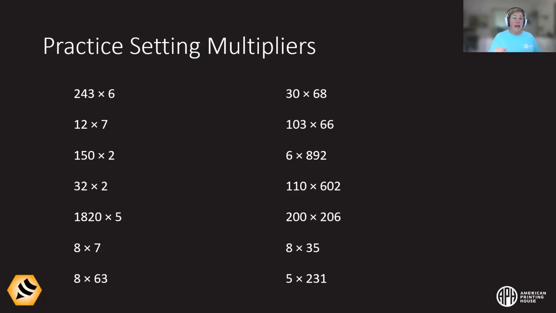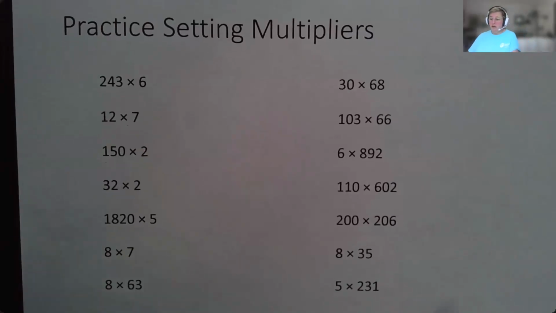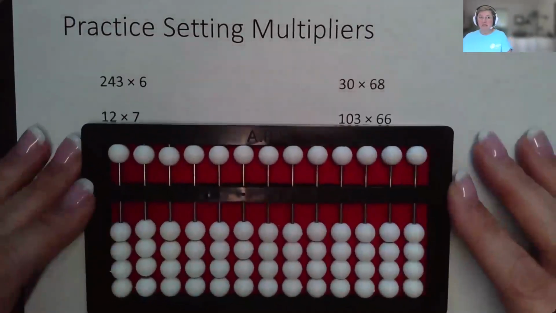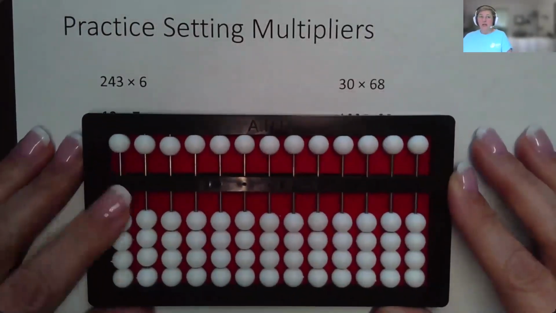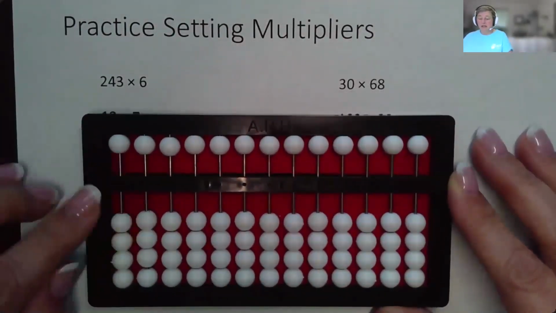Let's practice just setting a few of these together, okay? The first problem we're going to set is 243 times 6. The first number, the multiplicand, gets set on the left.